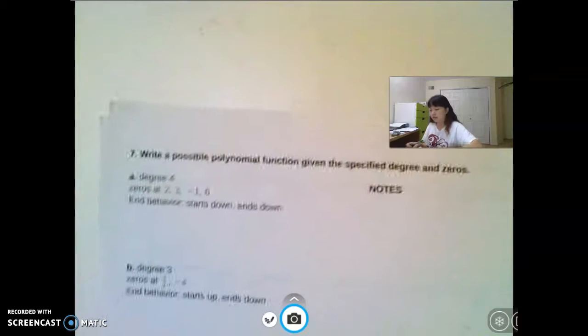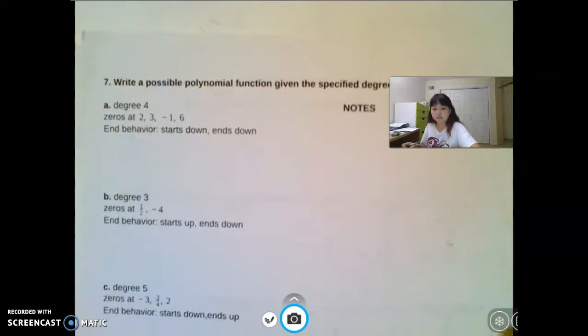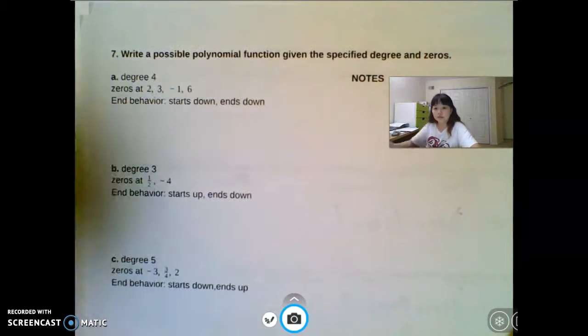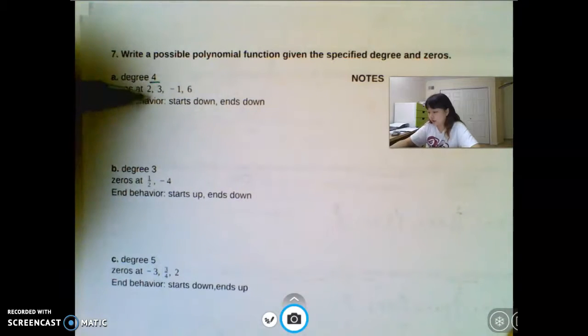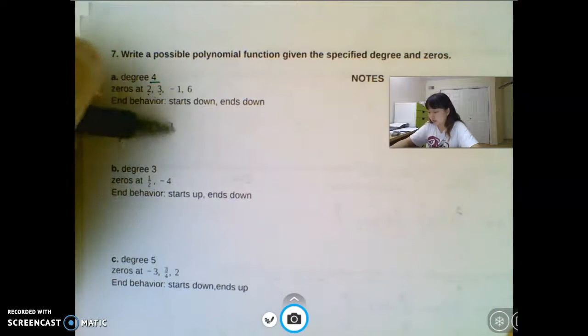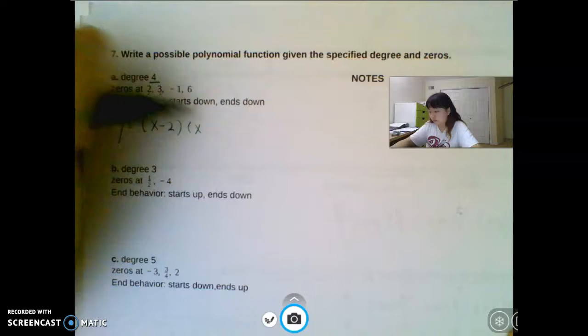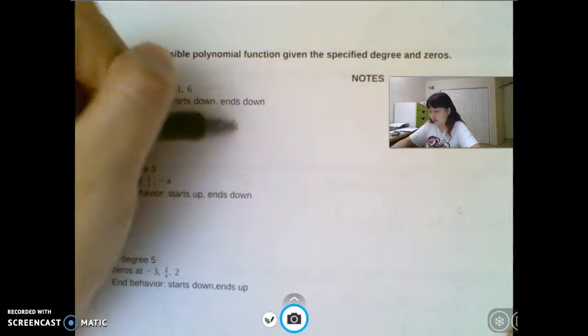I'll do the next page, and honestly, it's really the same thing. Write a possible polynomial equation, right? Degree 4, zeros at 1, 2, okay. If it's degree 4 and there are 4 roots, y equals positive 2, so I'm going to put negative 2. Positive 3, so we put negative 3.